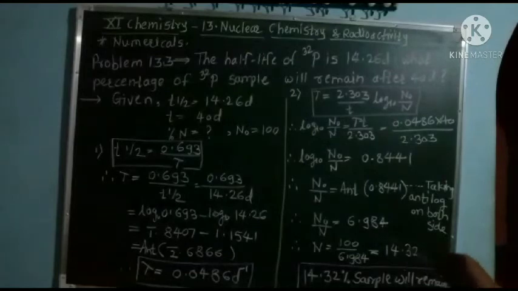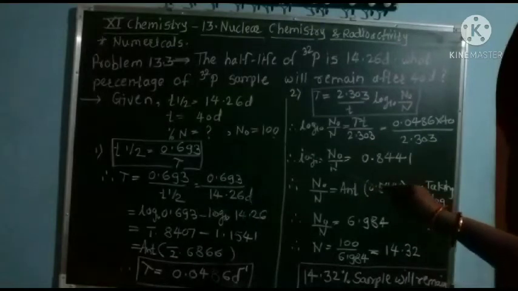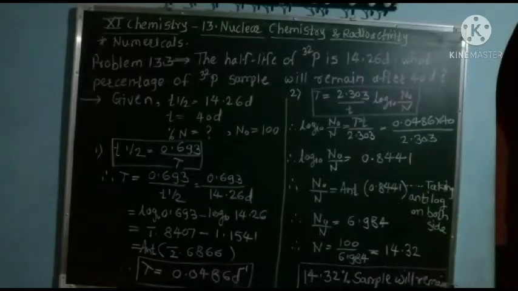N0 is 100. So if we put the value, 100 divided by 6.984, we will get the value of N. Now, initial is 100, that much percentage, therefore N is equal to 14.32. Therefore, 14.32% of sample will remain.